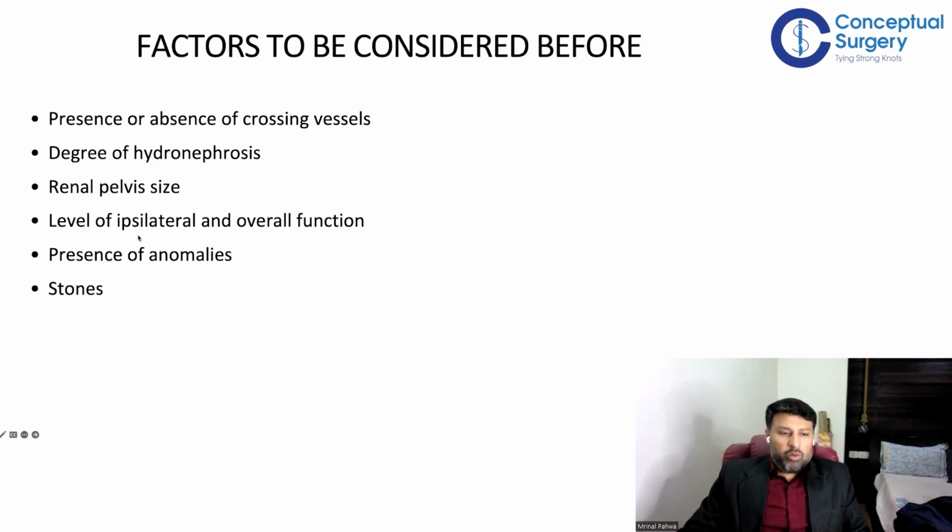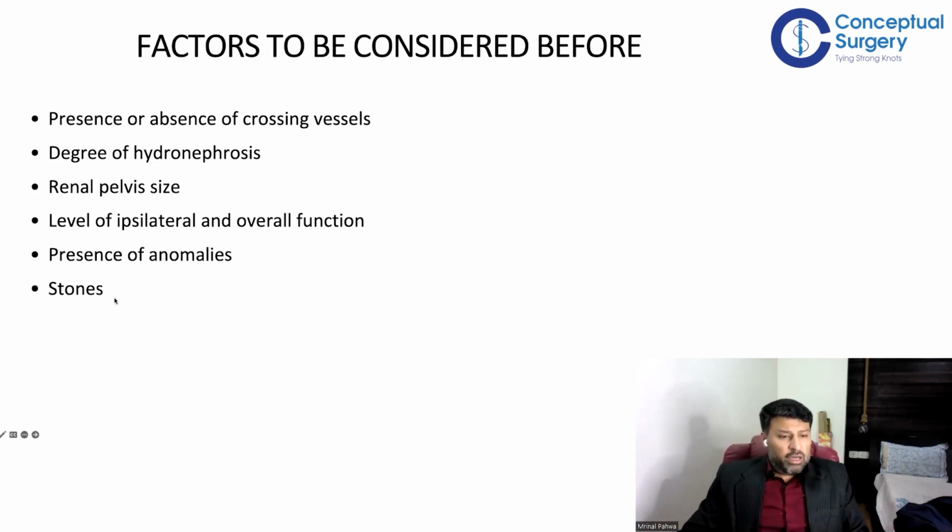Then we have to note the ipsilateral and overall function as the baseline, and decide the indication, whether the patient requires surgery or not. Then if there are any other anomalies that may be present with PUJ obstruction, like renal agenesis, a horseshoe kidney, or a rotation of the kidney.